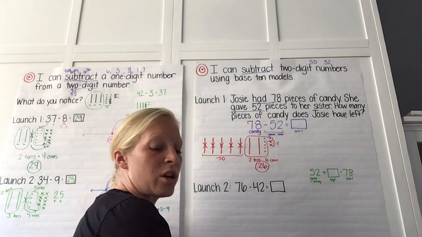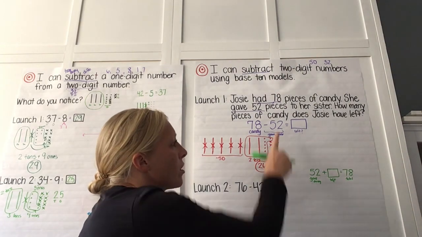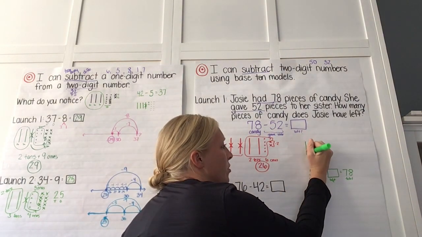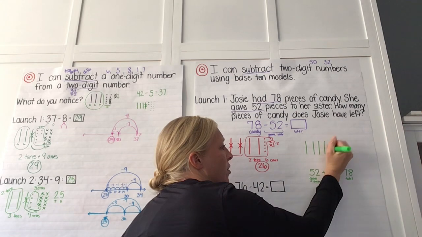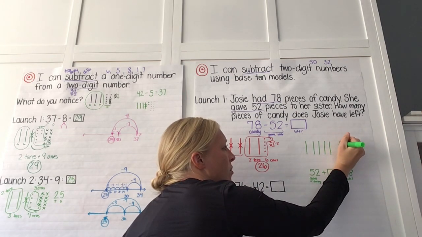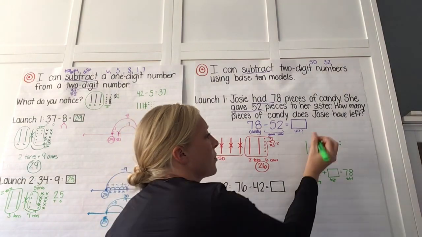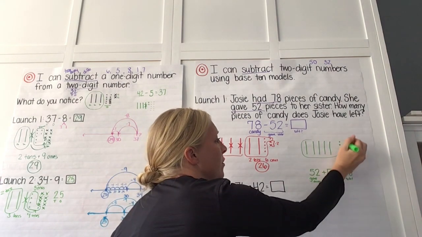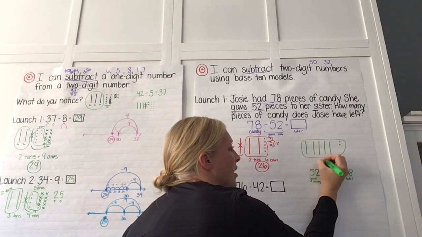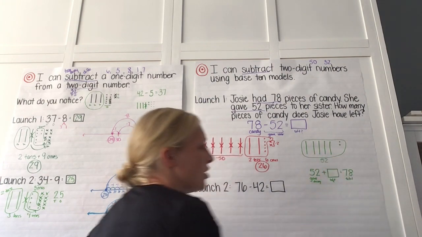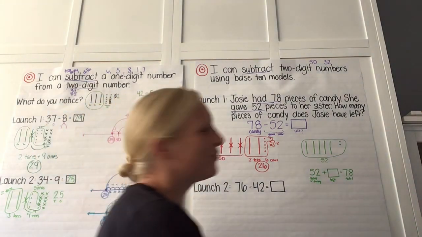Okay, all right, so what did you do first? You started with 52, 10, 20, 30, 40, 50, 51, 52. Okay, and then what did you do? You circled it, and you said 52. All right, and then what did you do?